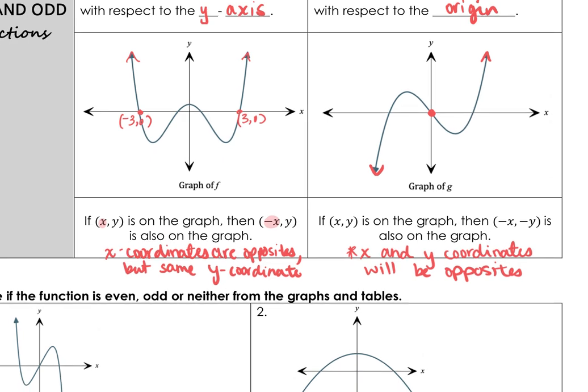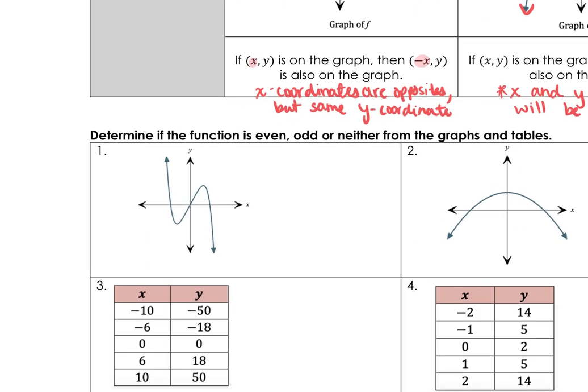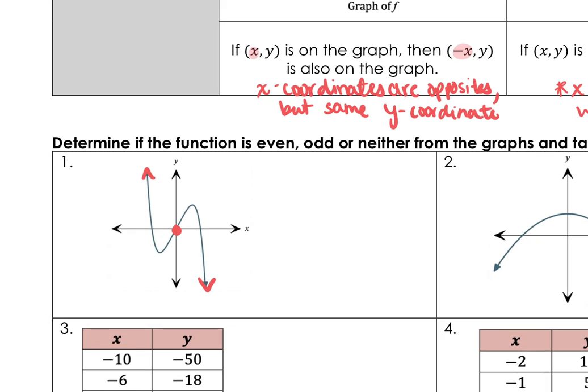So then pretty easy here, if we look at these two graphs, we look at graph number 1. The left side is finishing towards positive infinity. The right side is finishing towards negative infinity. It is symmetric around this point, which means this graph would be an odd function.